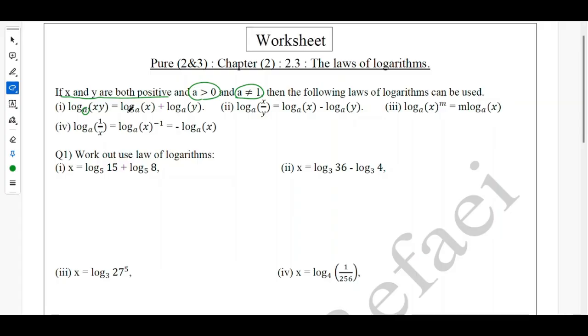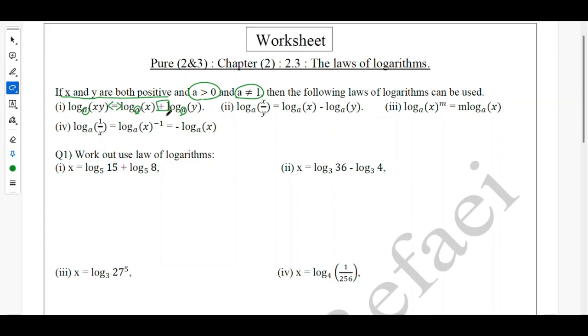When I split the two terms, the relation being multiplication, I will have addition, but I have to be careful that they both share the same base. So log xy to the base a equals log x to the base a plus log y to the base a.